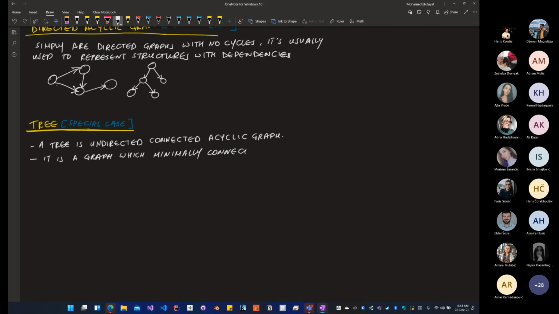Which is also an important point, meaning that if you remove one edge, it makes the graph disconnected.